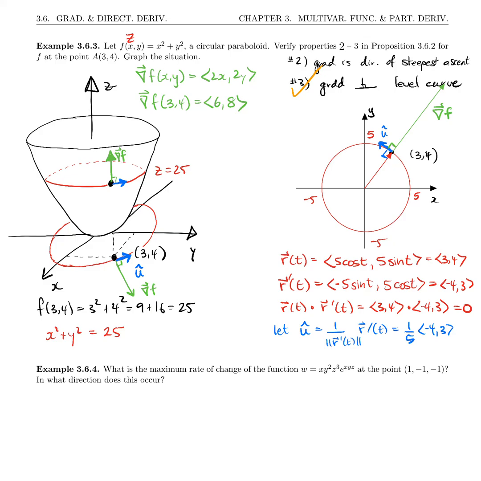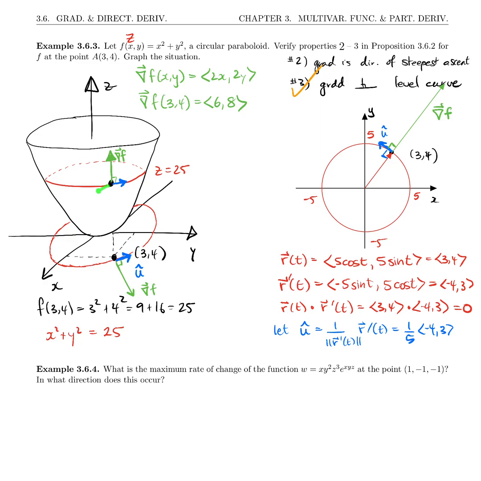Now, taking a look at the paraboloid, we know that on a level curve there is no change in function value. Right? So the directional derivative, the instantaneous rate of change, is 0 along that curve. And certainly you can imagine it increasing to the steepest point here and then decreasing back to 0.